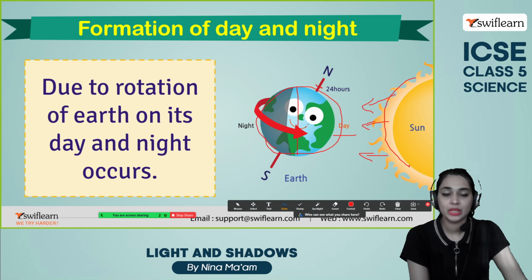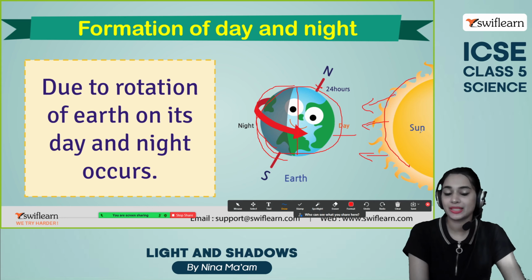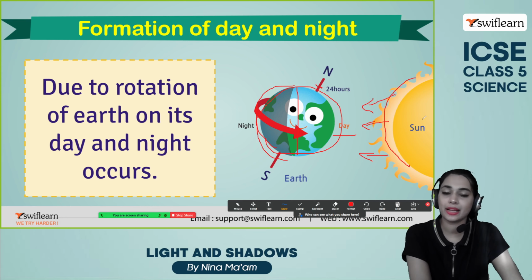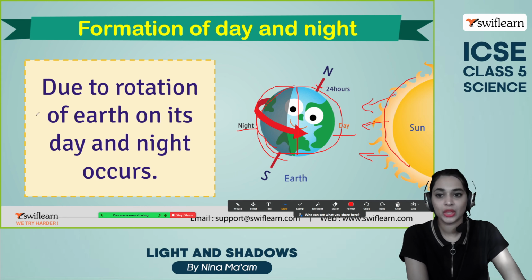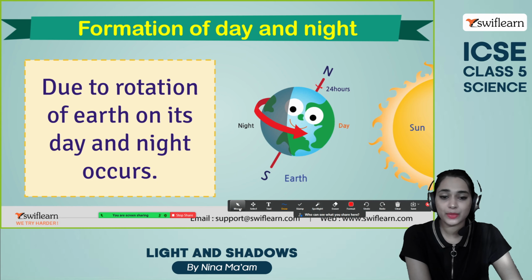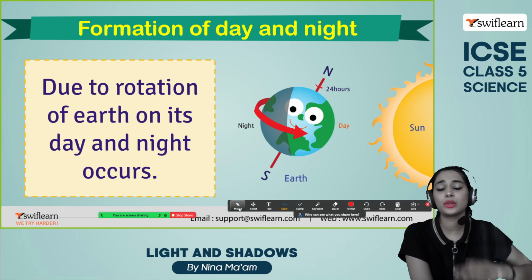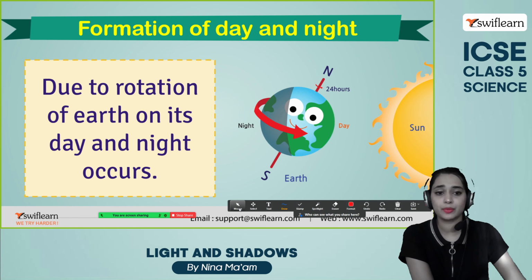At the same time, look at the opposite side, which is dark because it's not getting any light or rays from the sun, as it's not facing the sun. So this is the daytime and this is the night time. Due to the rotation of the earth on its axis, day and night occur. That is why different countries and continents will have different timings for day and night.